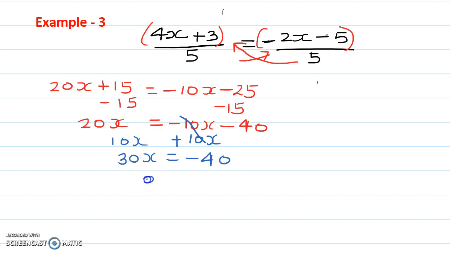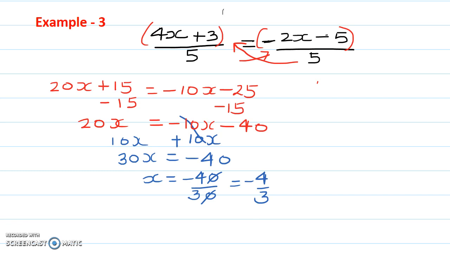So divide by 30 both sides, so it is 30, cancelled and cancelled, and we got minus 4 over 3. Now you can check this question against your working and see whether you are getting the right answer or not. So it was quite easy.